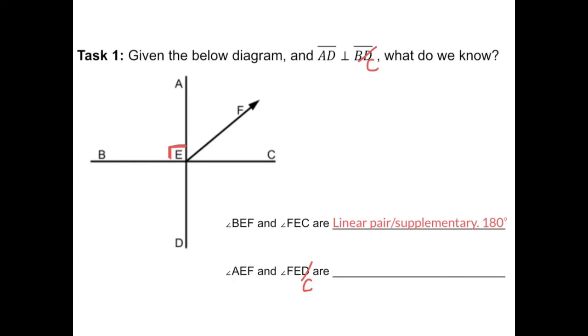This time we're comparing it with angle AEF. So AEF and FEC, because they are next to each other, they are considered adjacent, but they are also adding to equal 90 degrees because they're creating this right angle right here. So AEF and FEC are adjacent and complementary.